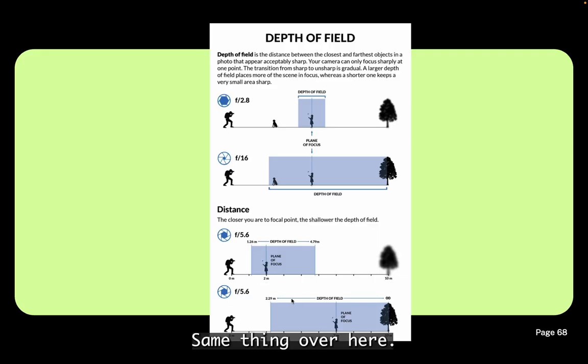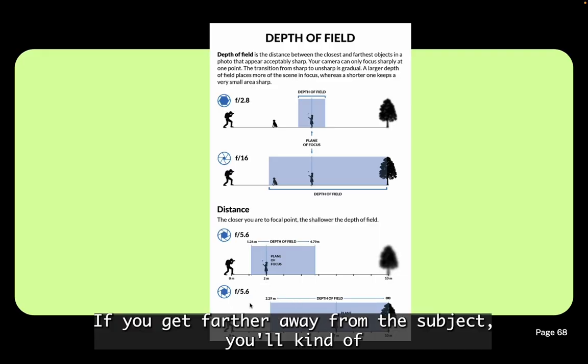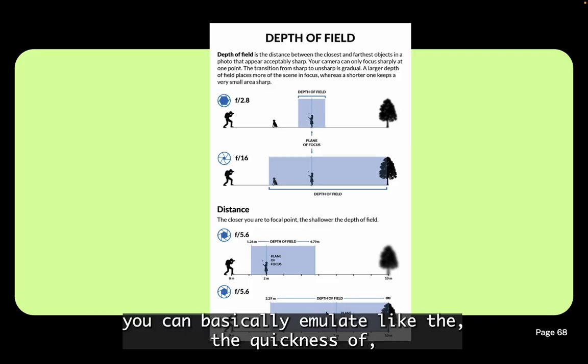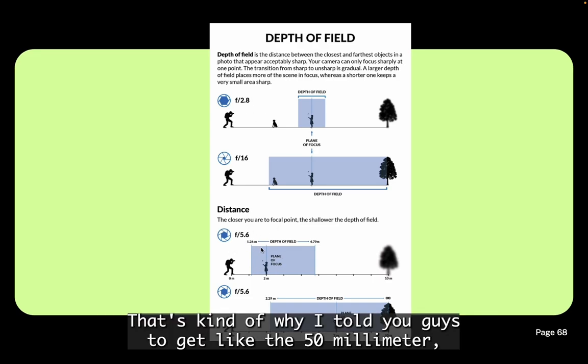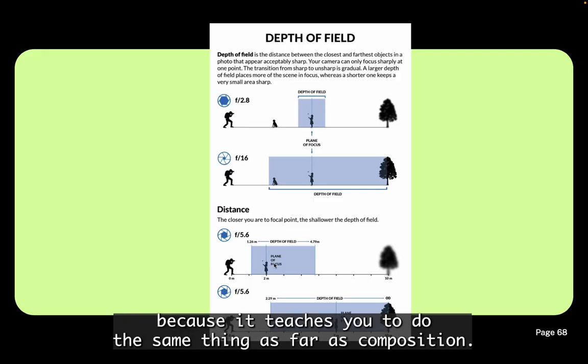Same thing over here. If you get farther away from the subject, you can basically emulate the quickness of super fast lenses with normal lenses by moving in and out. That's why I told you guys to get the 50 millimeter, because it teaches you to do the same thing as far as composition.